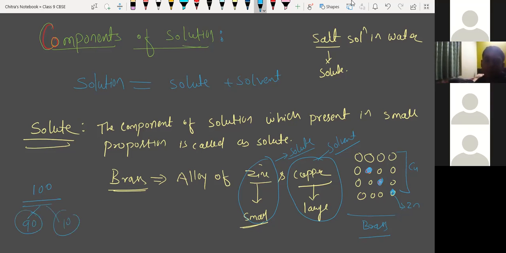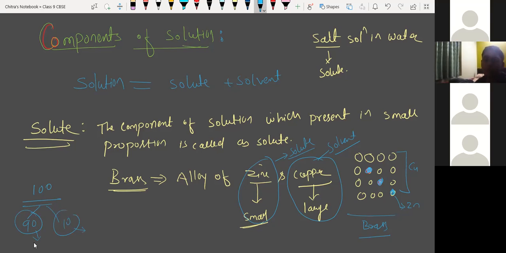Then the 90-particle portion will be the solvent, and the 10 particles, the substance in less quantity, is going to be the solute. So the component present in small proportion is the solute, and the component present in large quantity is the solvent. That is very simple. Yes, sir, now I understood.